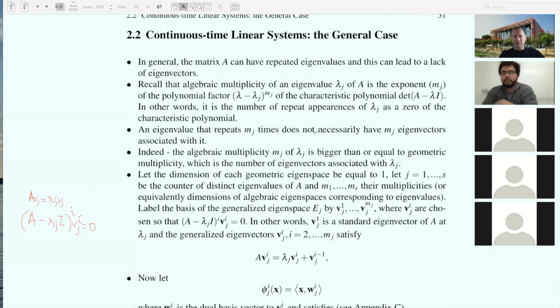And these eigenvectors satisfy this equation here. Why is that? Let's say that you're just applying this with i equal to 2.